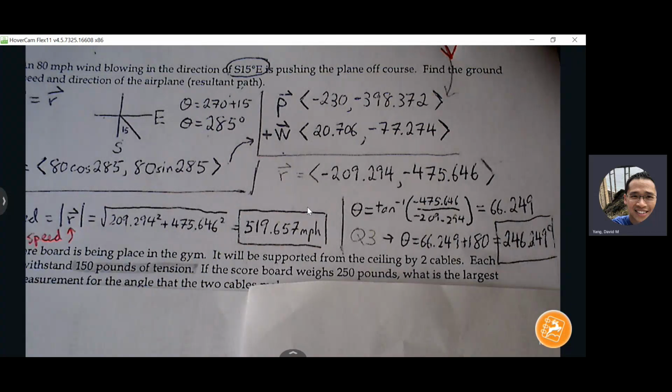That's right, yeah, because the plane vector plus the wind vector is how the plane is actually gonna point in this direction, because the wind is gonna push it off course.